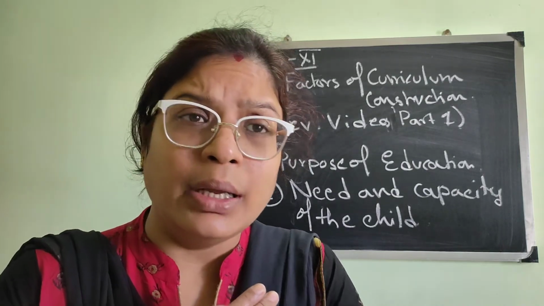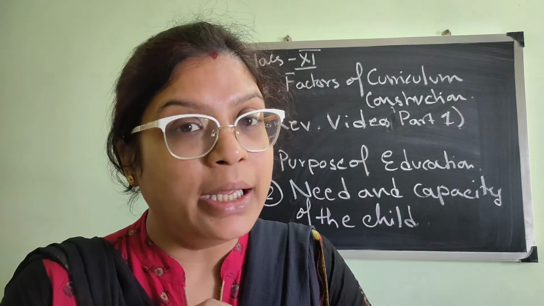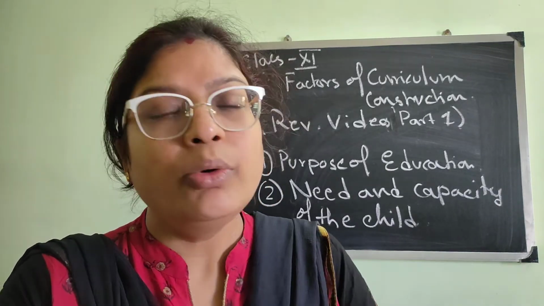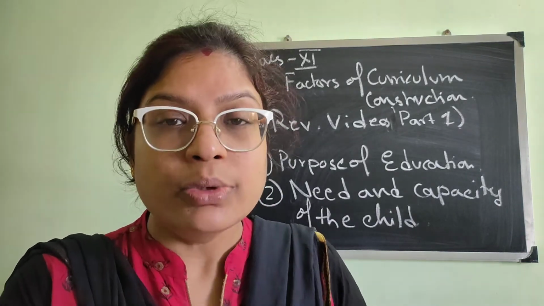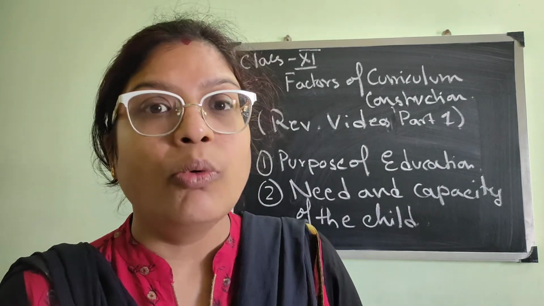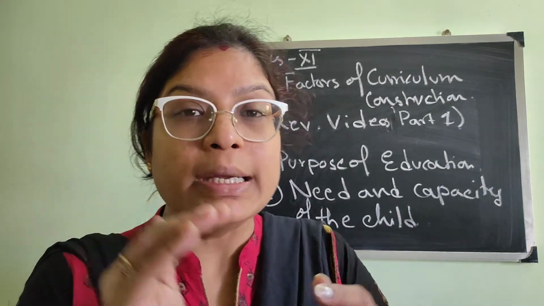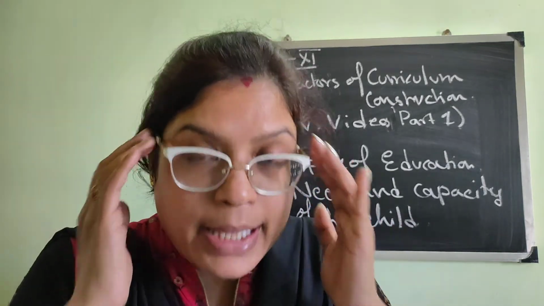So need and capacity means what I am learning at the age of 40, you cannot learn now. The students who are reading in class 2 or 3, what you are reading they cannot understand. So capacity means what is the age and what is the mind setup, what they can understand, whether they can understand it or not.